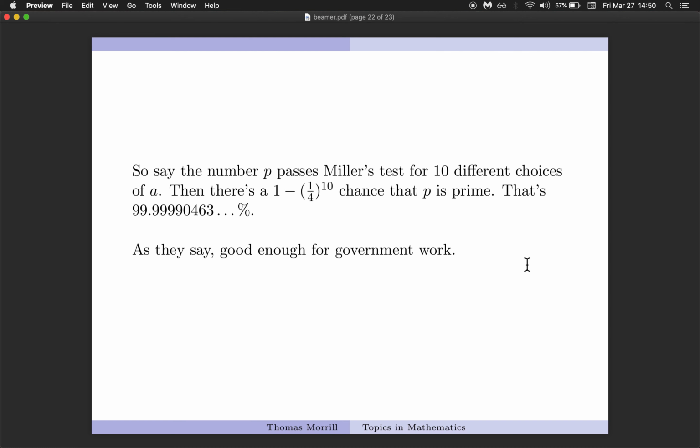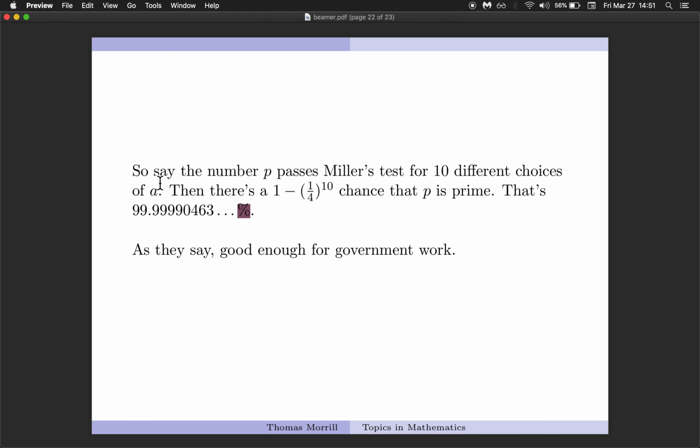So for example, if we have some 1,000-digit number p that passes 10 different rounds of Miller's test, so we said, okay, let's do the Rabin probabilistic test. We're going to run Miller's 10 different times. We passed it every single time. Then the probability that this number is prime is 1 minus 1/4 to the power 10. And if you prefer decimals, throw a percent sign on that.